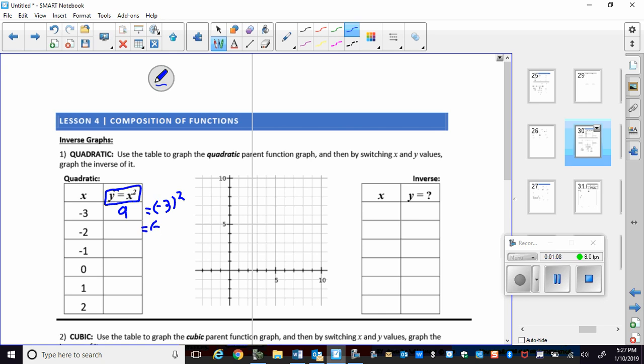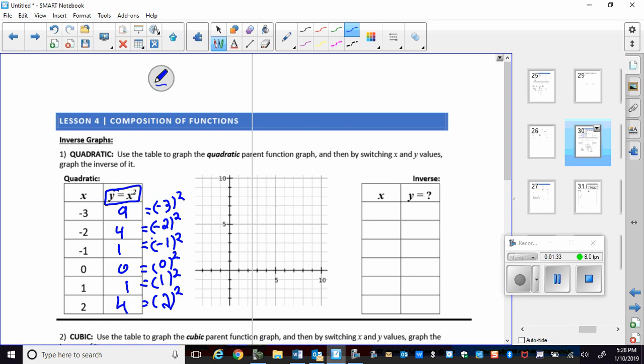X equals -2, it's squared, so this equals 4. X equals -1, it's squared, so this equals 1. X equals 0 squared, that's 0. X equals 1 squared, that's 1. X equals 2 squared, that's 4.